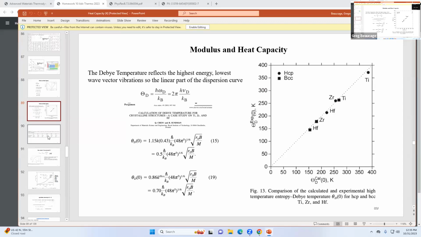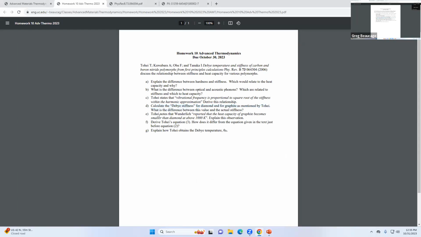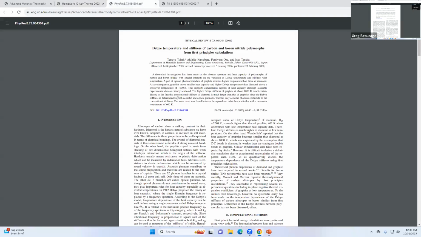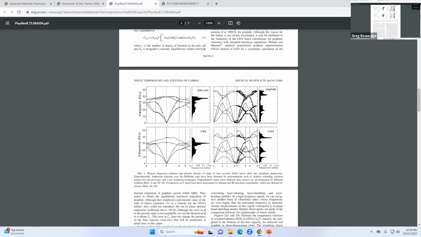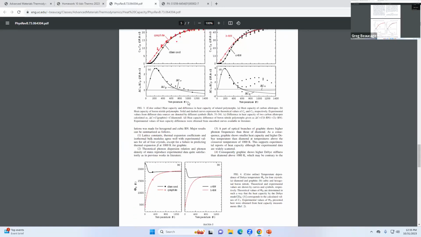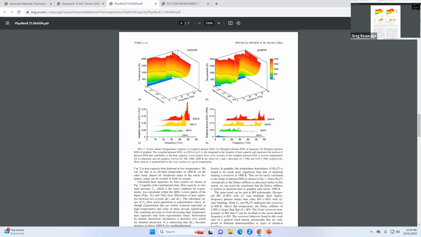And then let's see, back over here. So then I went through this in class, right? This has to do with the density of states, and it's got certain features in it that, at lower and higher temperature, activate differently. So at low temperature, this high frequency feature isn't there.